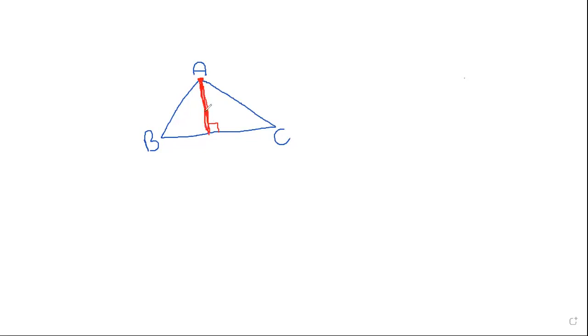So this is the height drawn from A. The definition of the height: it is a line drawn from the vertex perpendicular to the opposite side. This definition should be memorized to be applied.